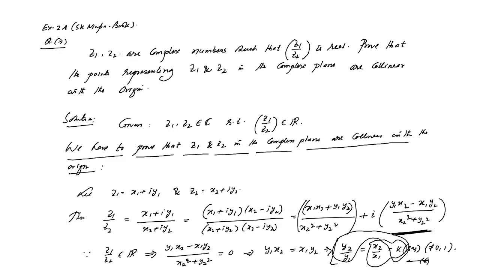Therefore, the points Z1 and Z2, what exactly did we have to prove? That Z1, Z2 in the complex plane are collinear with the origin.